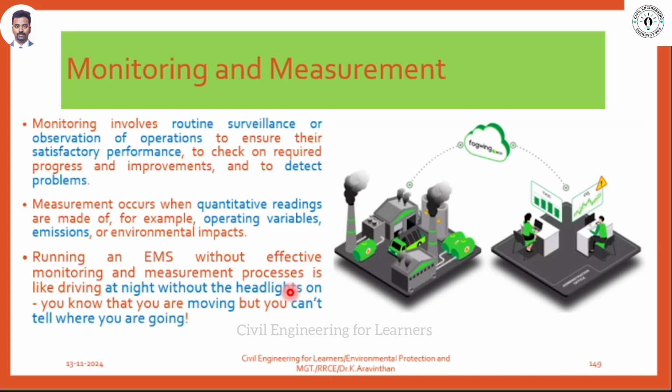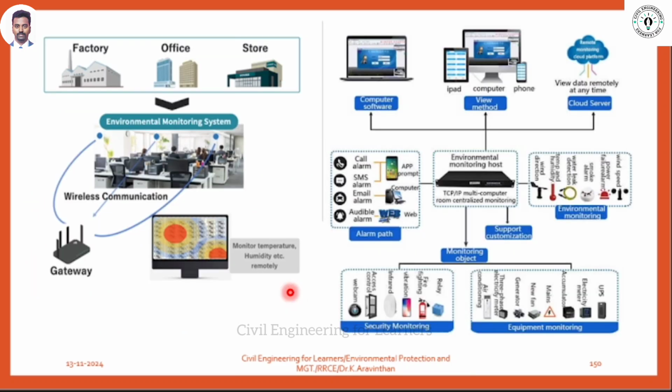They will not be aware of what pollution they create. Now, this is a systematic way how an industry should monitor and measure. First one is a factory. They need a building or infrastructure to make. Second thing is they need an office to manage all the official documents, monitoring and administrative work.